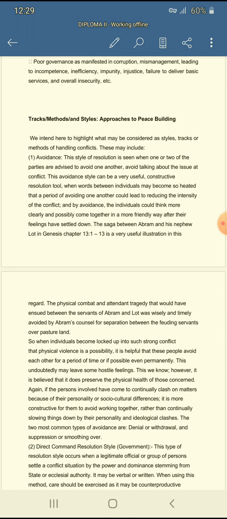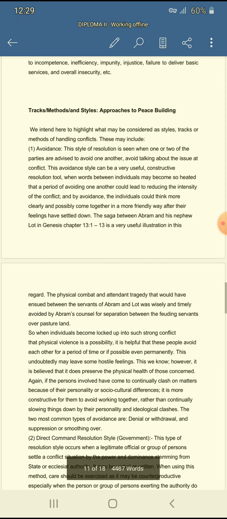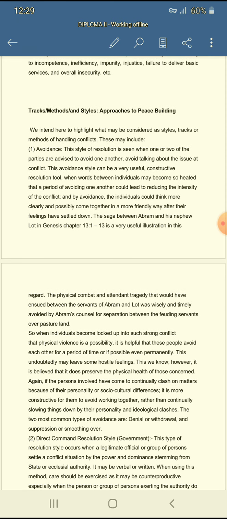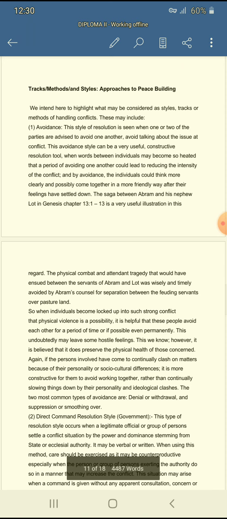We have different kinds of approaches to conflict resolution and peace building, and there are differences between conflict resolution and peace building. One, conflict resolution is a prerequisite of peace building. Peace building can only take effect after a conflict has been resolved.